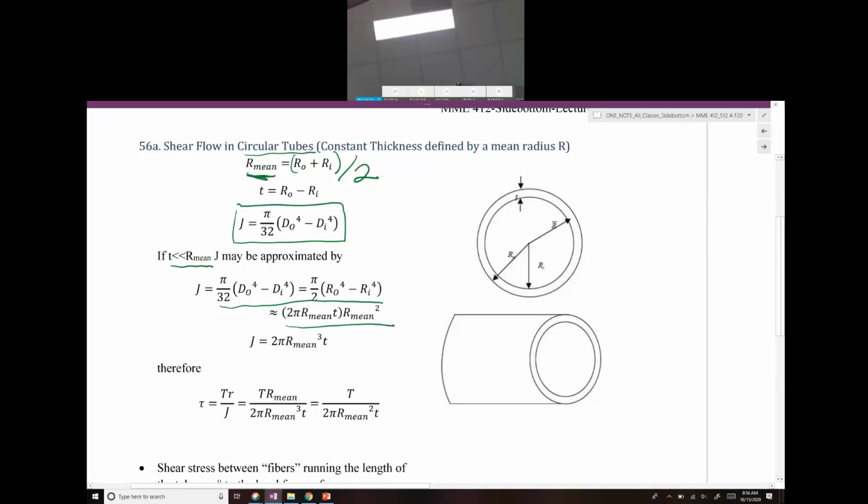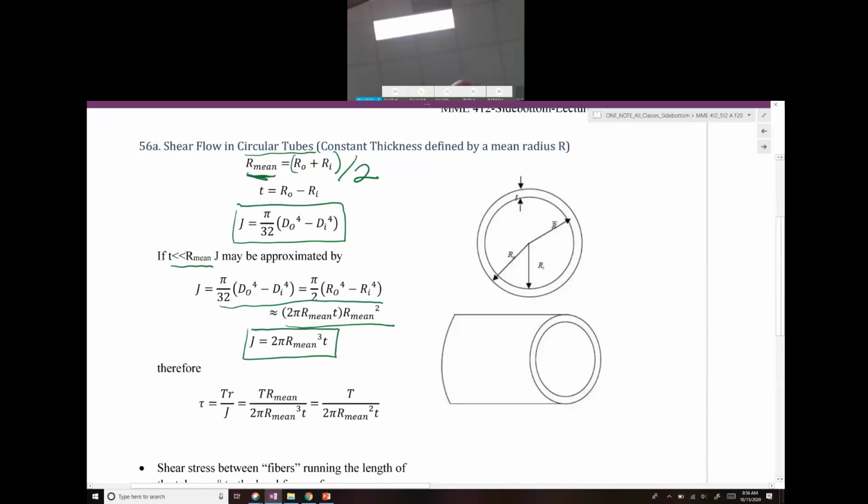These two terms are almost equal once t becomes very small. If t is much smaller than r mean, we can simplify it and use this equation here now for our polar moment of inertia.